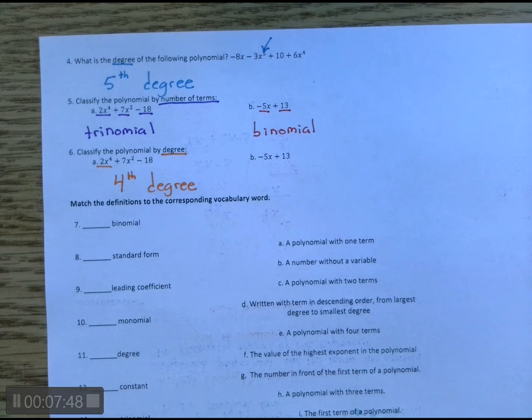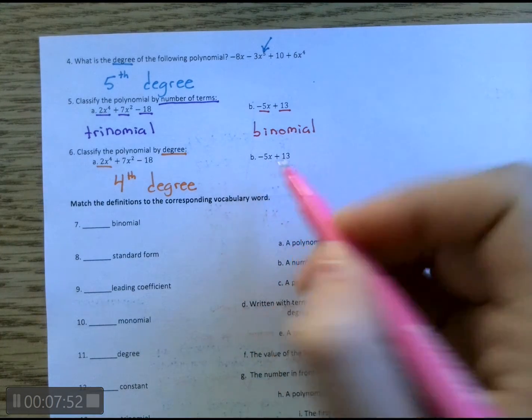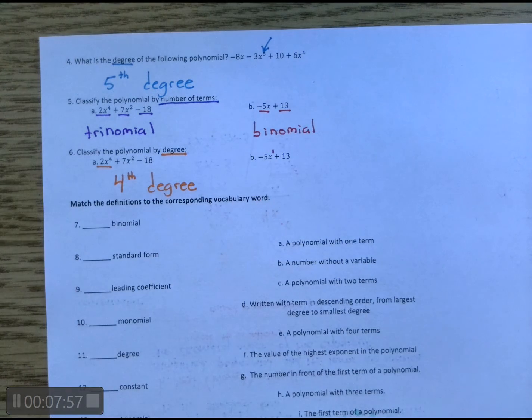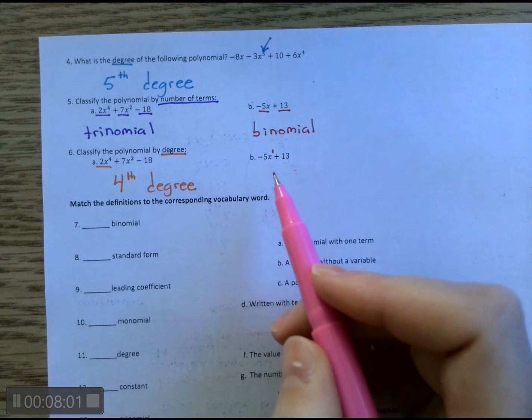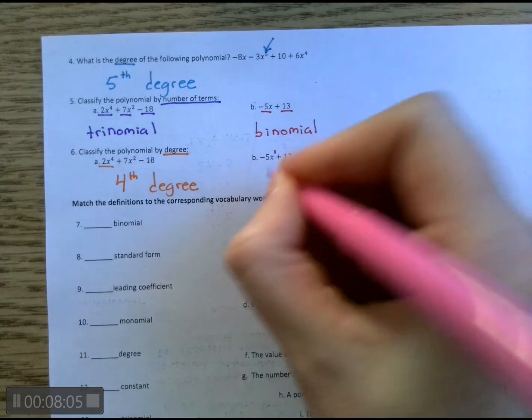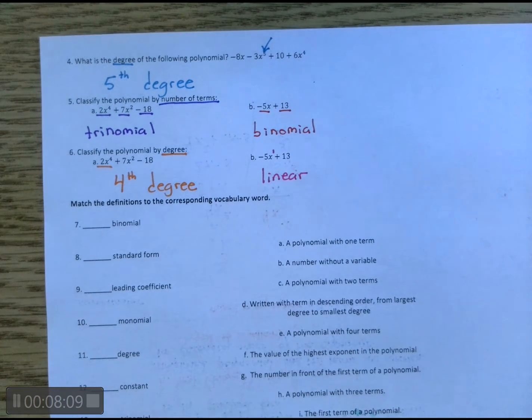And then our largest degree over here, don't forget that there's that secret tiny 1 right there. And this is 0, so the 1 is going to be the largest one. And remember, we're looking at degree this time, so this is going to be called linear. Alrighty?